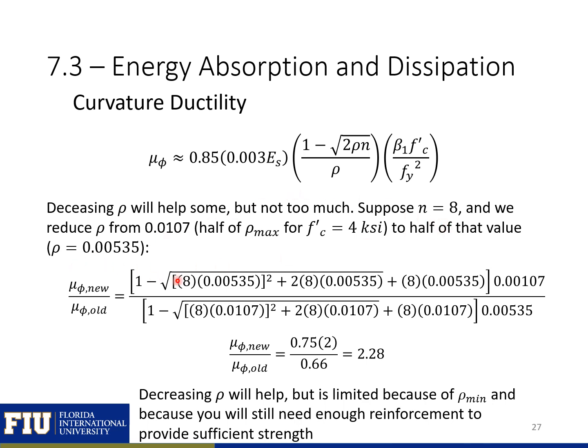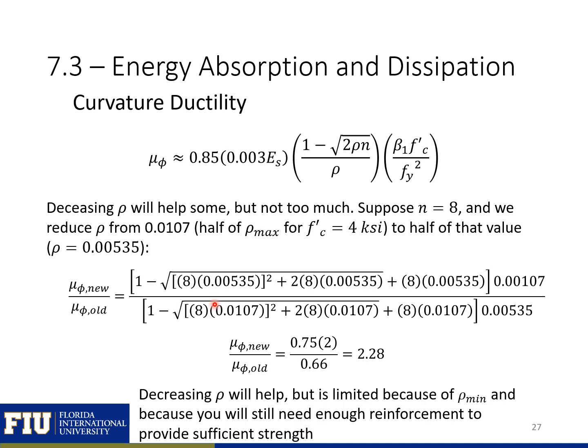So you can see that our new curvature ductility related to our old curvature ductility with the two reinforcement ratios will give us a ratio of about 2.28. So we'll get about 2.28 times the curvature ductility if we reduce our rho in half.